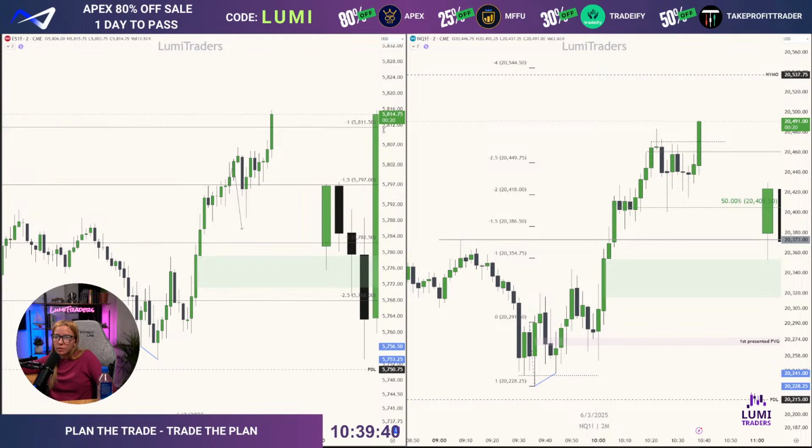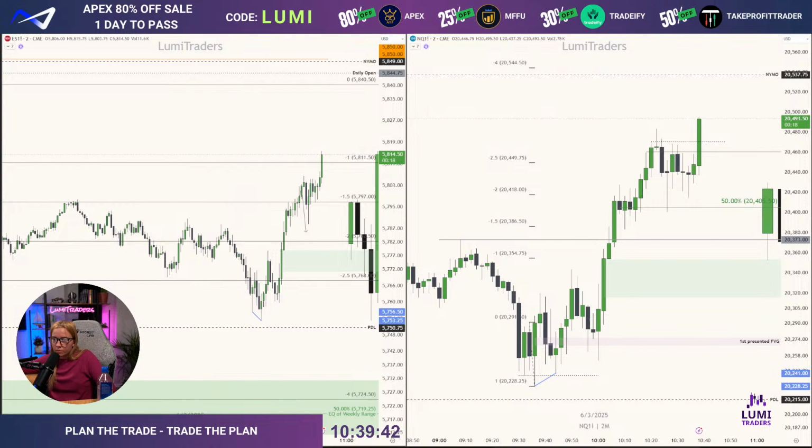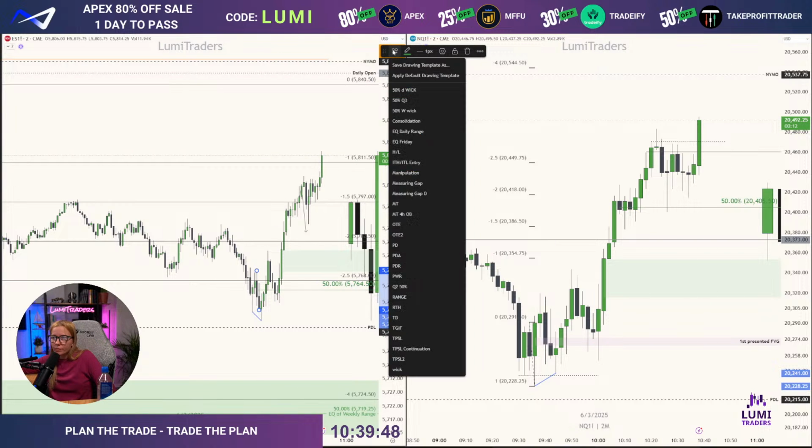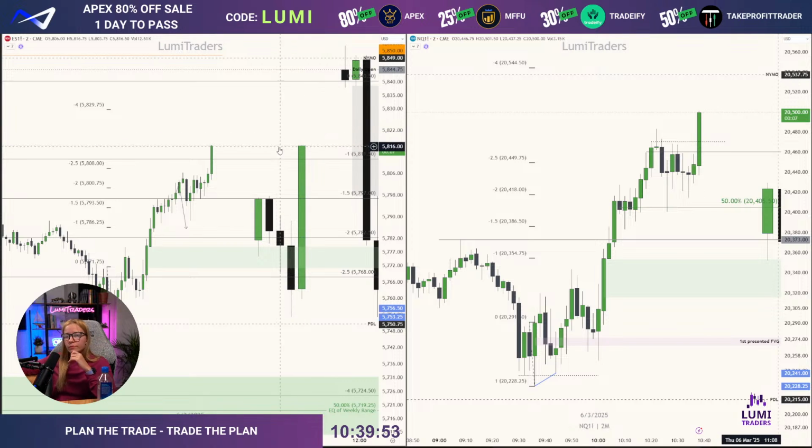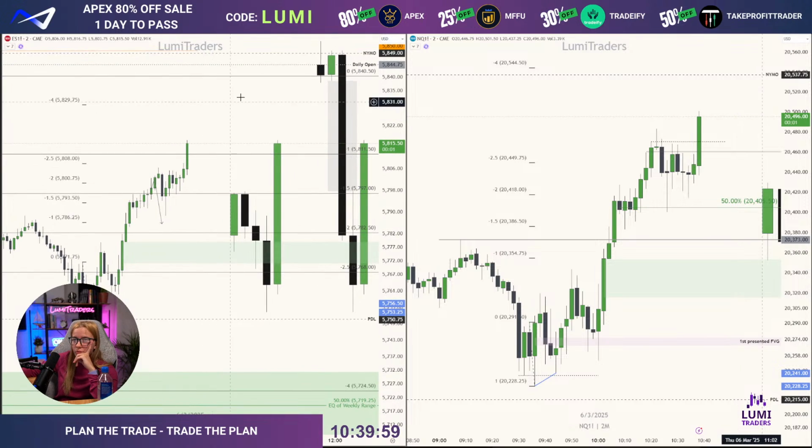Standard deviation is right here. I did not highlight this on NQ yet. On ES, we're like 12 points, 13 points away from standard deviation right here.